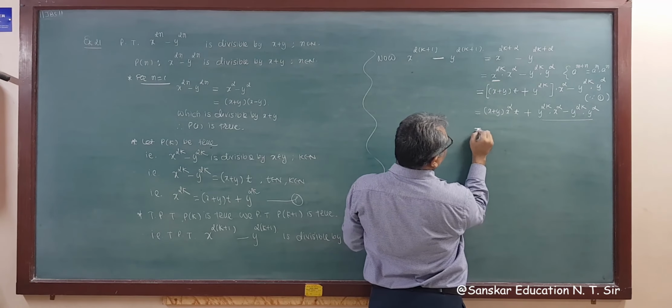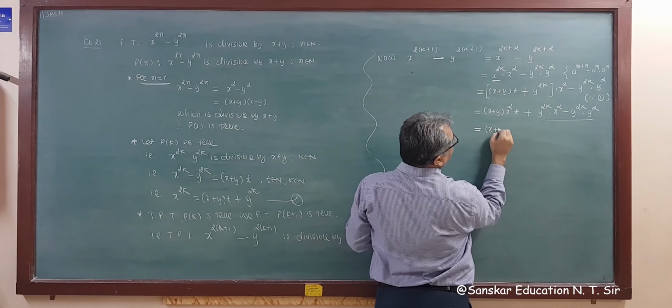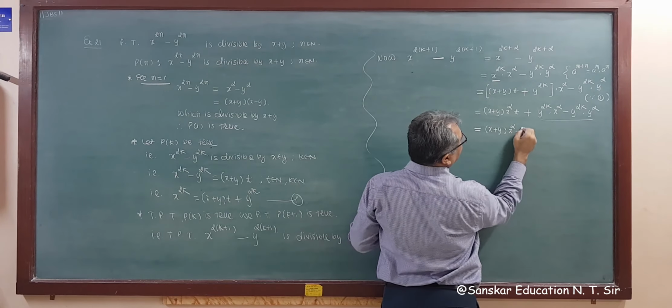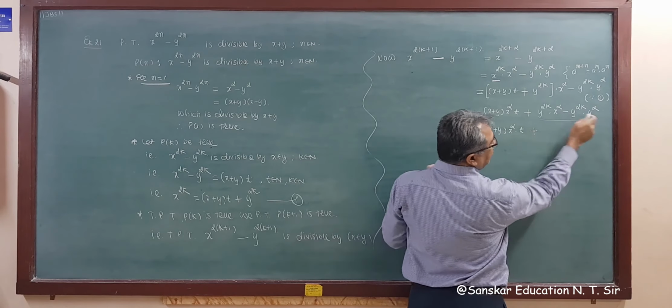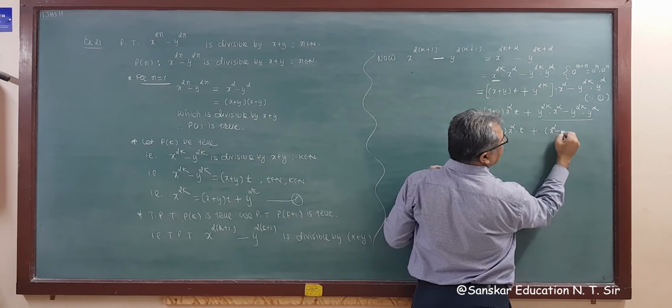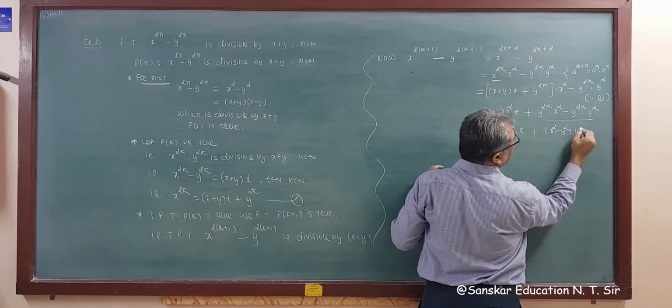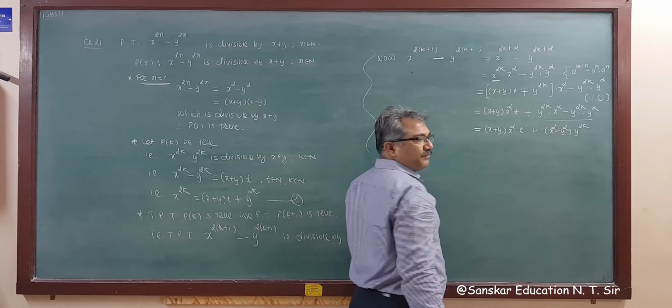So I am writing this step slightly to the left hand side. So x plus y, x square p plus the remaining term will be x square minus y square, because we are taking y raised to twice k as common. Now the factor of this is x minus y, x plus y. So this is equal to x plus y, x square into p plus x minus y, x plus y into y raised to twice k.